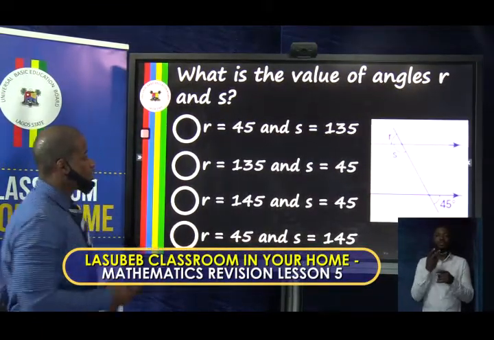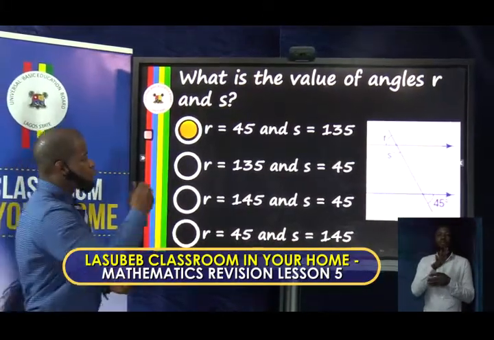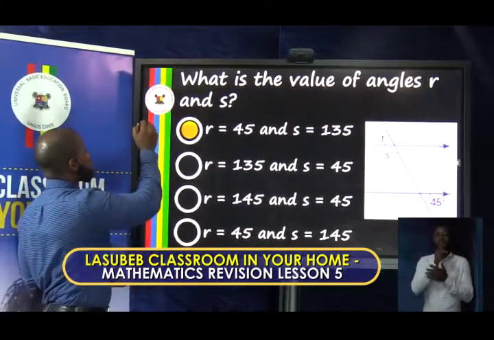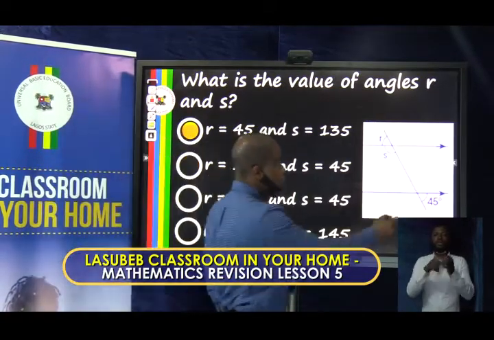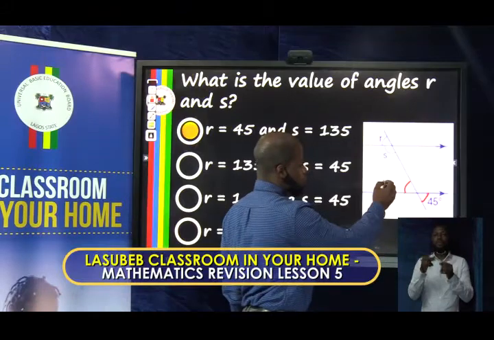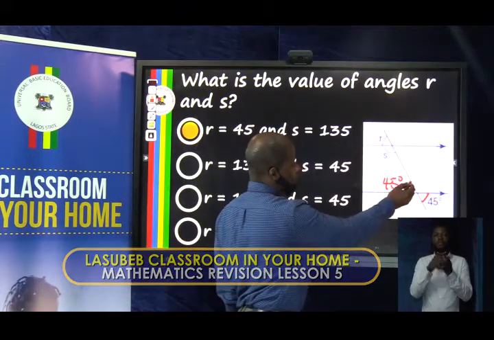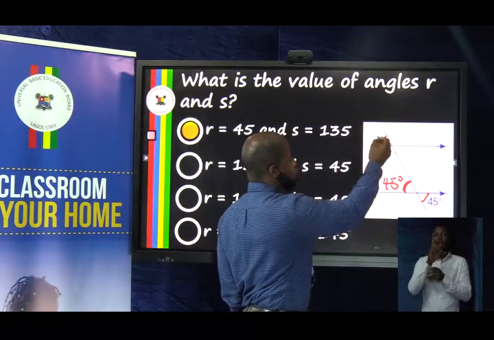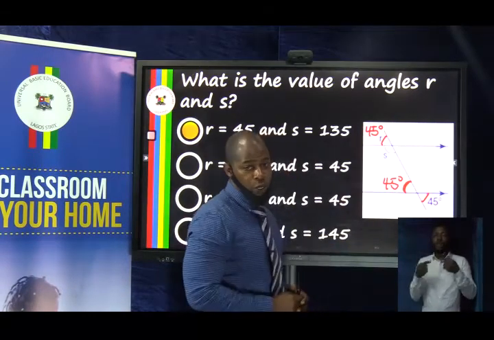Let's just unveil it. The correct option is that R is 45 and S is 135. Let's just see why that is true. Now here we're shown that this angle is 45 degrees, so vertically opposite angles will be 45 degrees. And if this angle is 45 degrees, R will also be 45 degrees because they are corresponding angles.